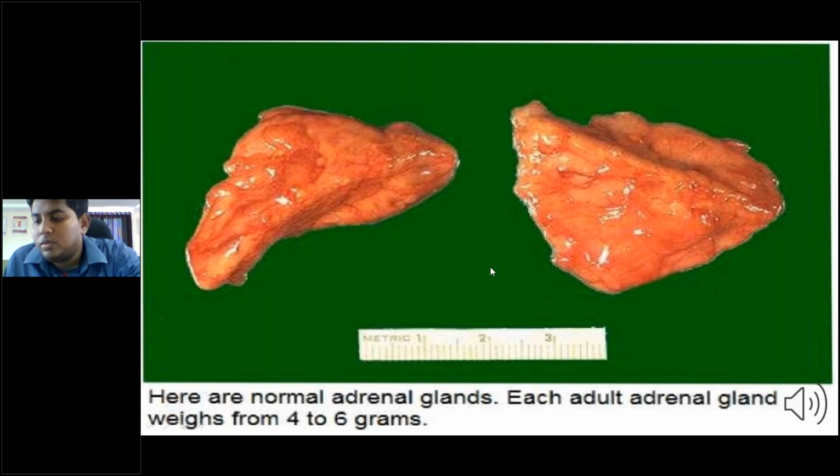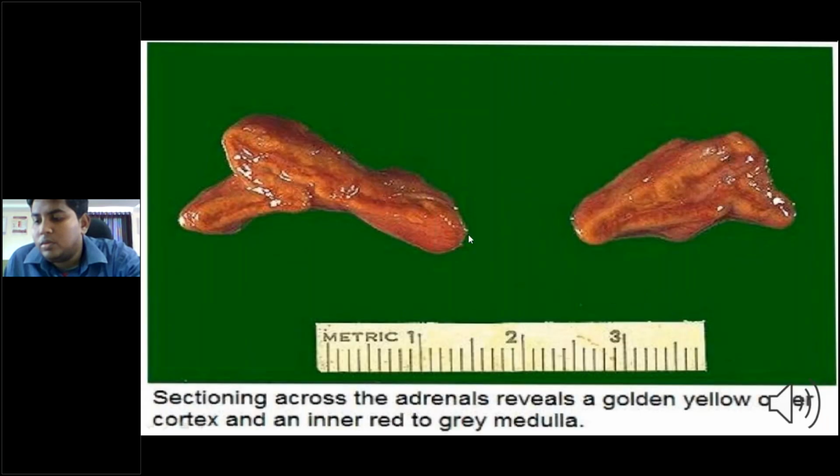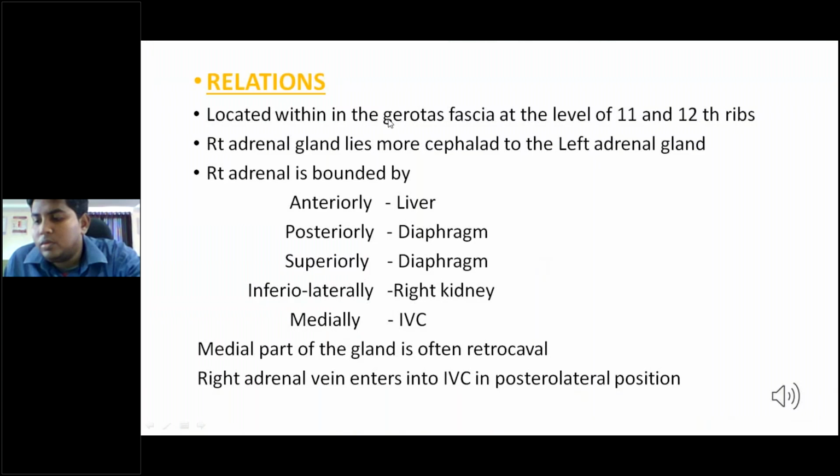The outer cortex is a golden yellow or mustard color, and the inner one is roughly brown in color. Lastly, they are enveloped by Gerota's fascia at the level of the 11th and 12th ribs.